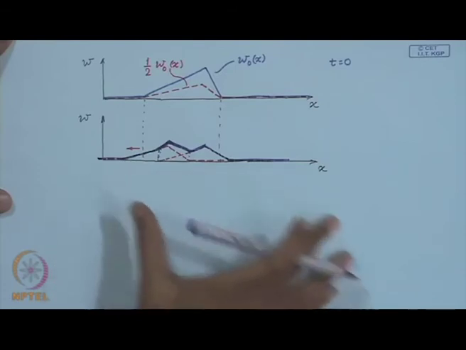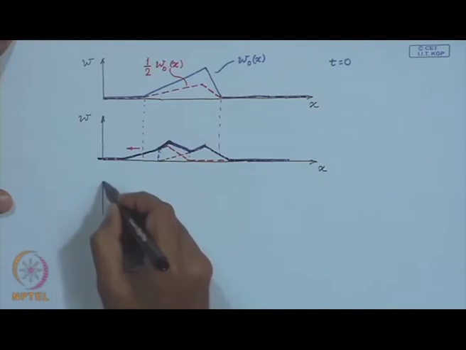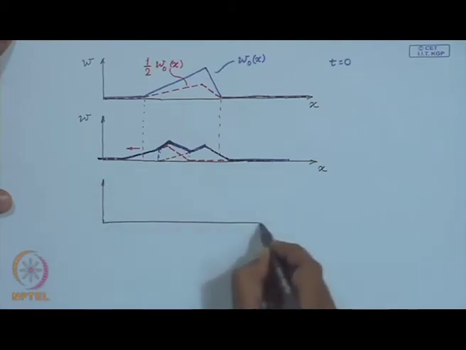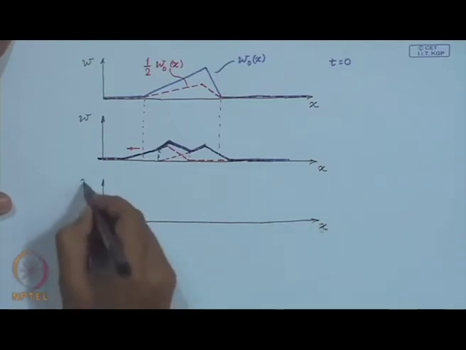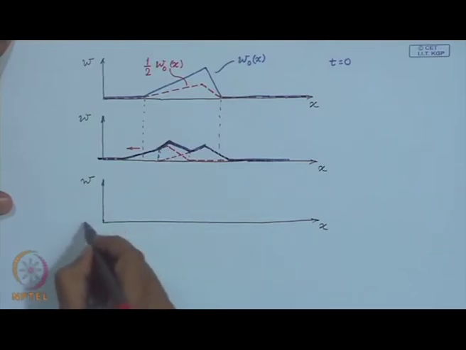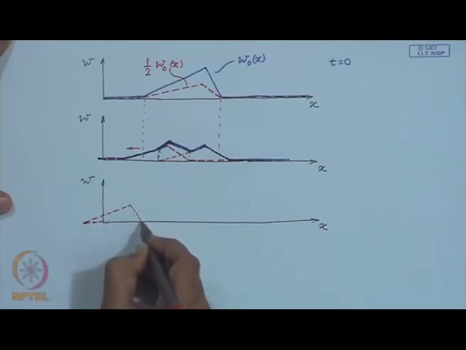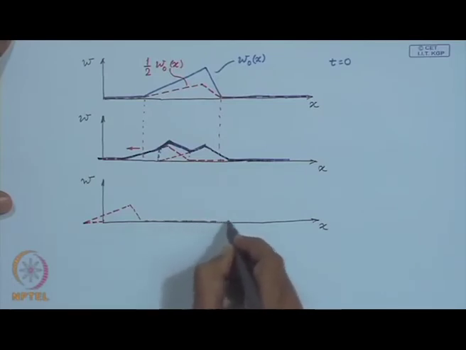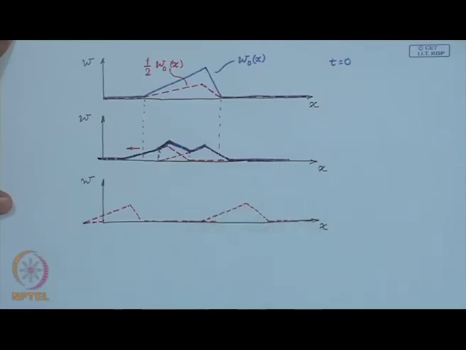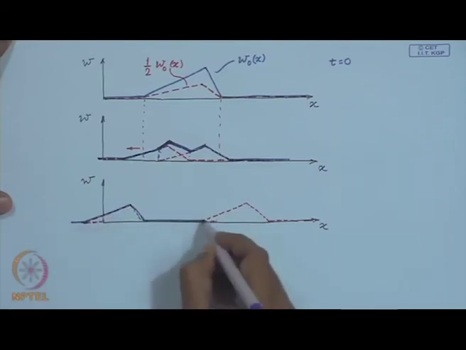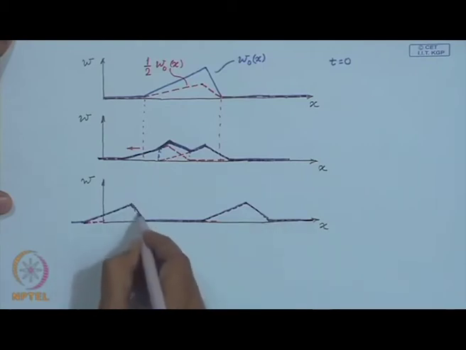Now, as time progresses further, so these two pulses have separated out. So, the net solution looks like this.